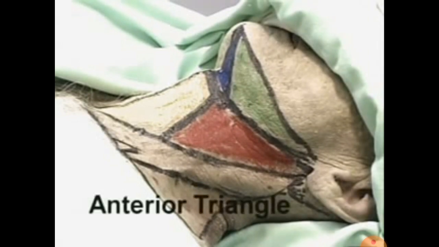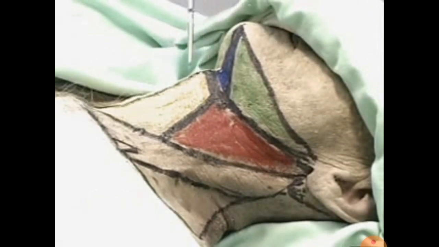Now here you can see that the cadaver has been painted to demonstrate clearly the boundaries of the different triangles and the subdivisions of the anterior triangle. Okay, now the anterior triangle has three boundaries: the midline, which runs all the way from the chin to the suprasternal notch.